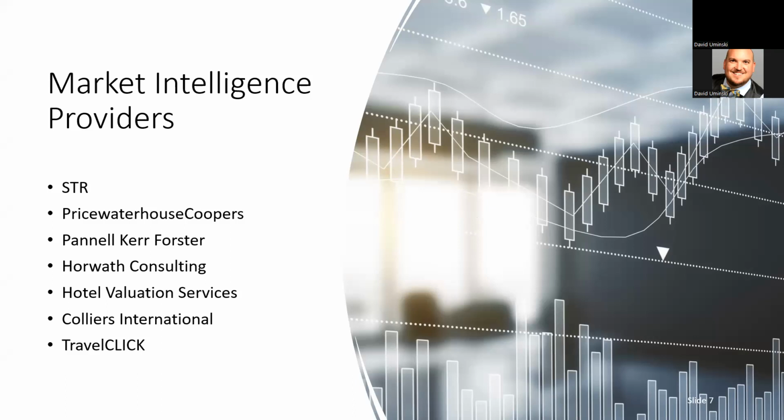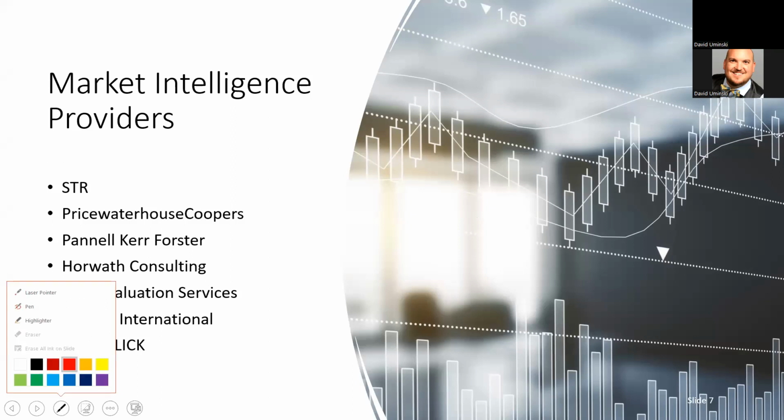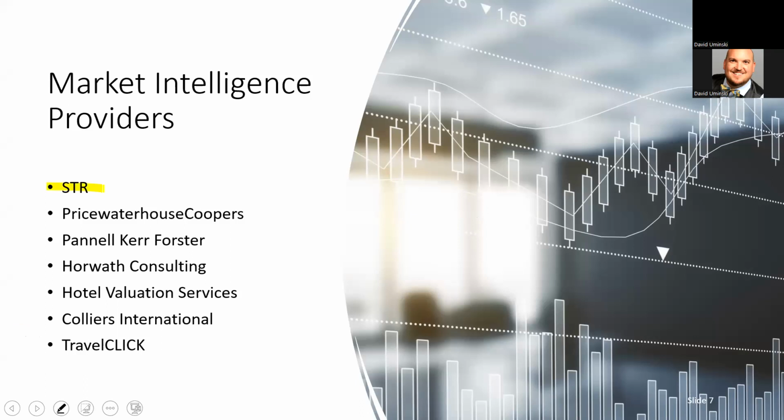So STAR, which is this first one right here, stands for Smith Travel Research, but it's referred to as the STAR report. So a lot of hotels pay for their STAR report.